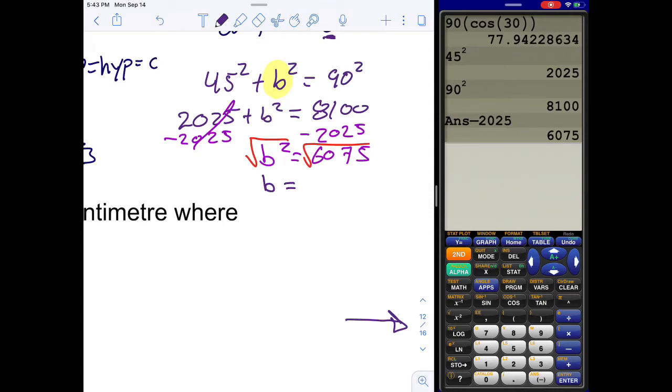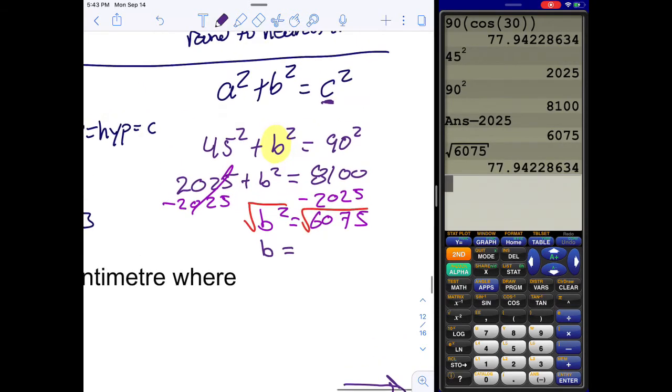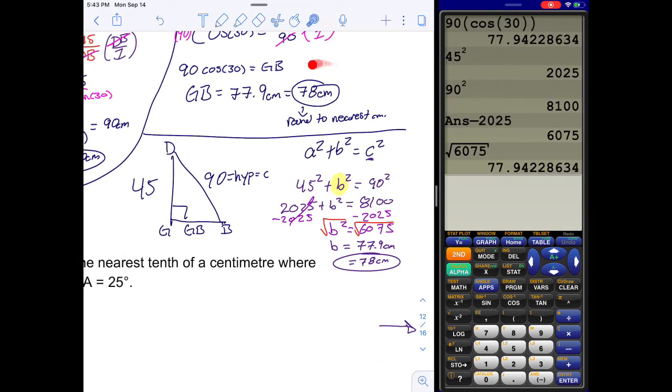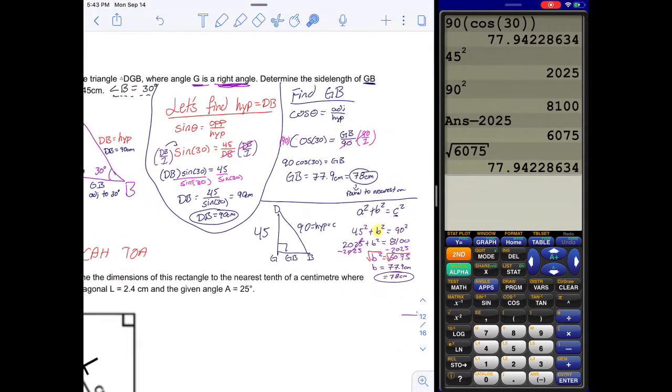So in order to get the yellow, you have to press second, then square, and then plug in 6075. And if you notice, it gives us the exact same solution. So 77.9, and we're going to round that to 78 centimeters. So just like we got up here, just a different way to solve for it.